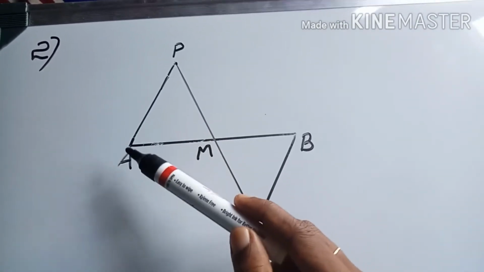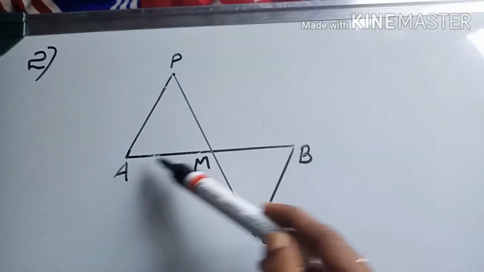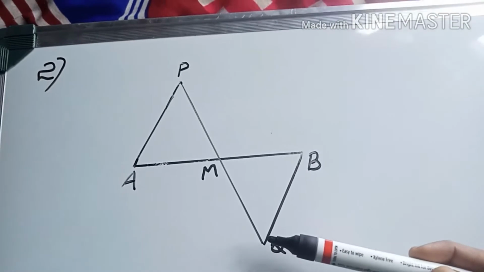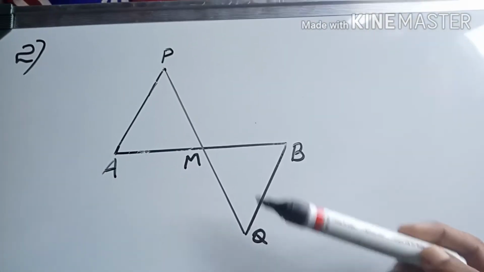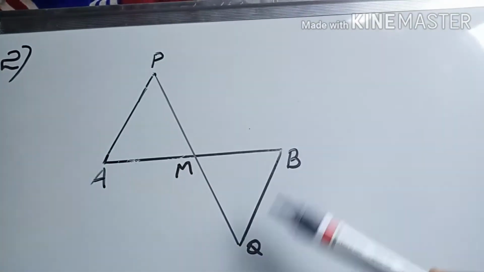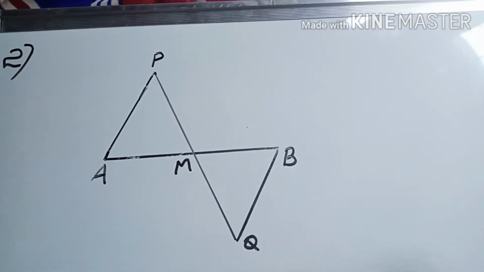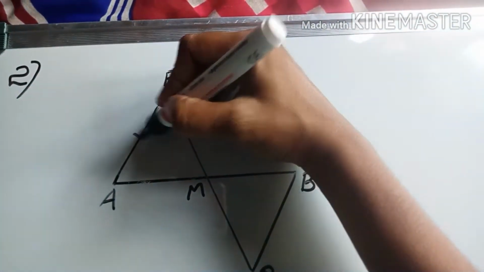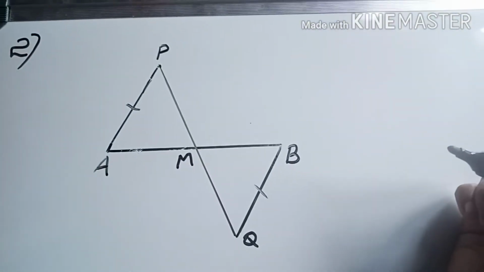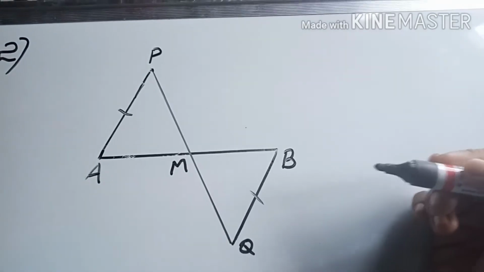First one is AMP, second is BMQ. In the question it is given that the line AP and the line BQ are equal, and they are parallel also.